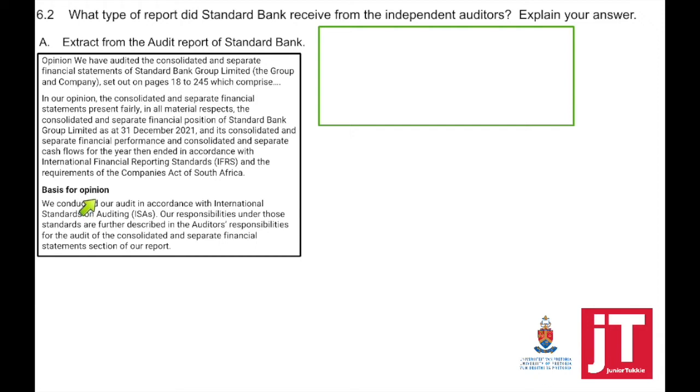Basis of opinion: we conducted our audit in accordance with the international standards on auditing. Our responsibilities under those standards are further described in the auditor's responsibilities for the audit of the consolidated and separate financial statements section of our report.